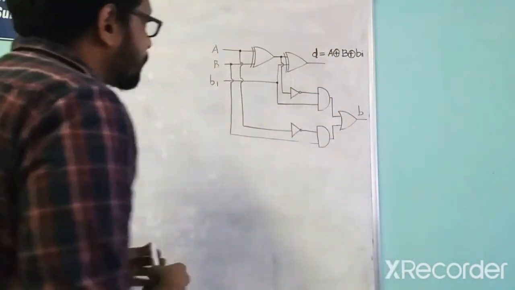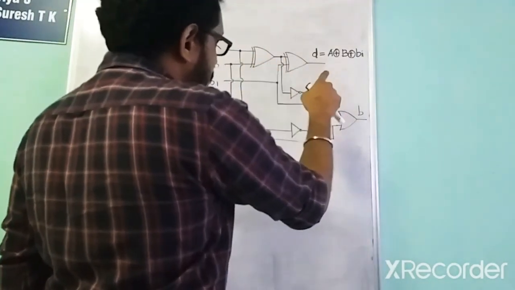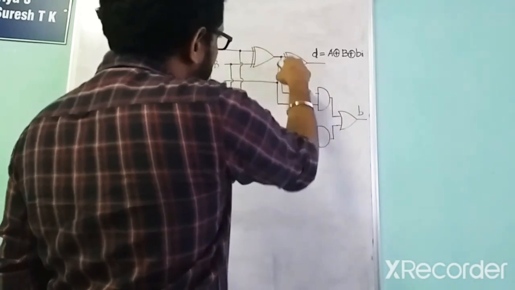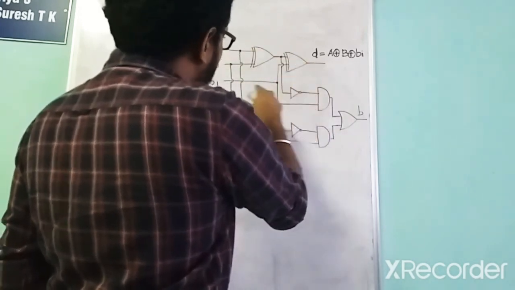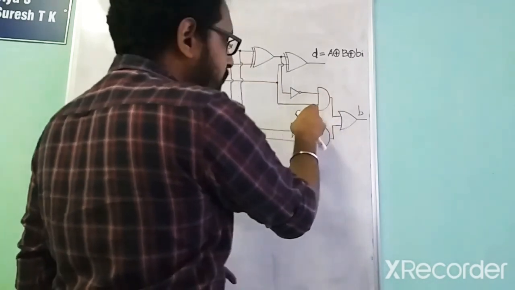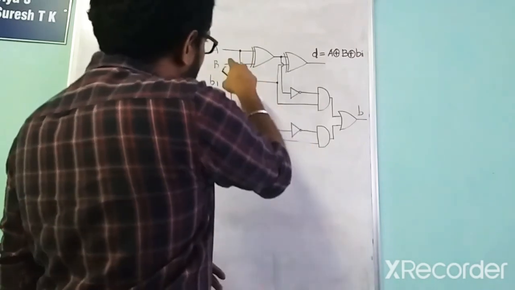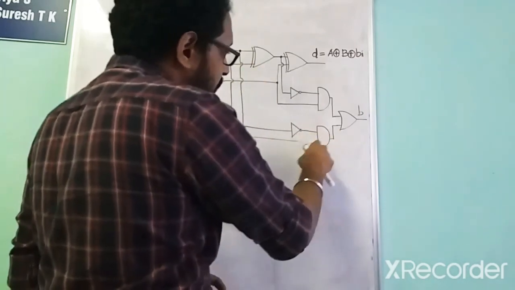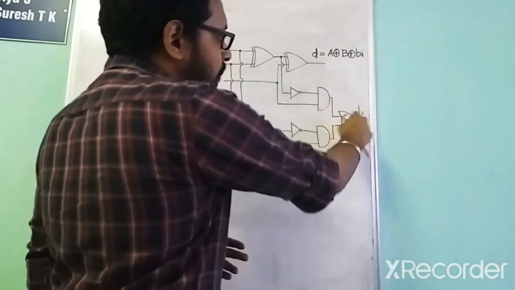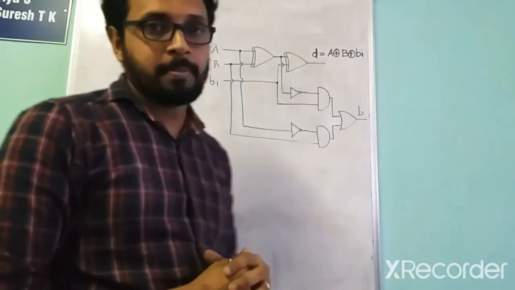And the borrow part, we have A XOR B whole bar into Bi, plus A bar B in an AND gate, A bar into B, and we put these into an OR gate, and finally we derive B.